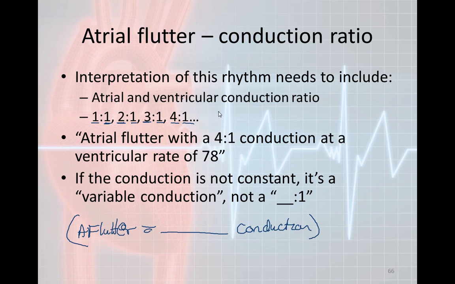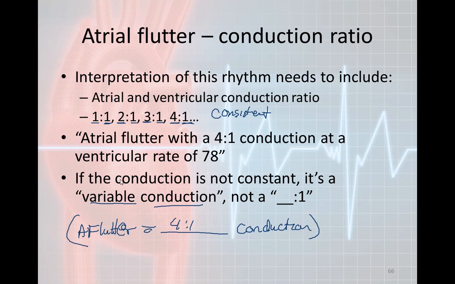Now this is only if it's consistent. If it is not consistent, then you have to put something else. You actually put variable conduction. But if you always have 4 flutter waves and 1 QRS complex, then you know that it is a consistent atrial flutter with a 4-to-1 conduction.